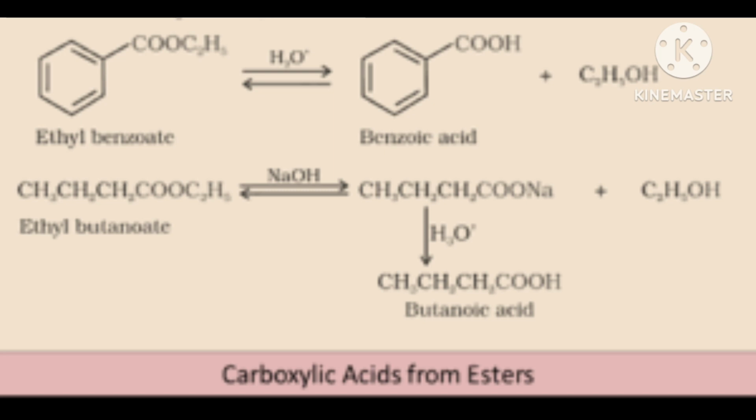Mg is in metallic form, remember; it wants electrons. Then Mg will come in the middle of phenyl and bromine, Br will join with Mg, and Mg will join with the carbon of the phenyl group.